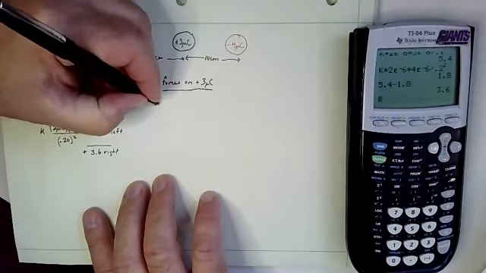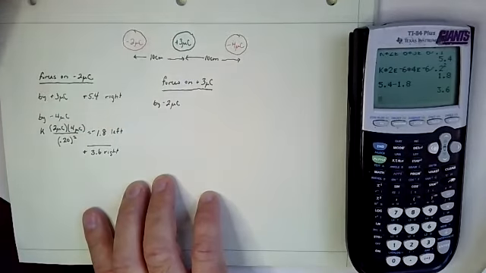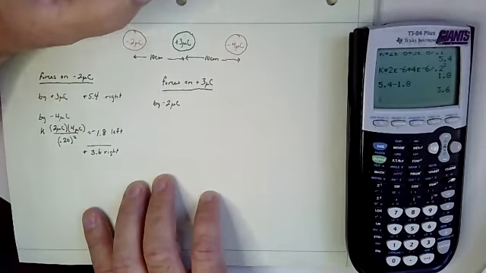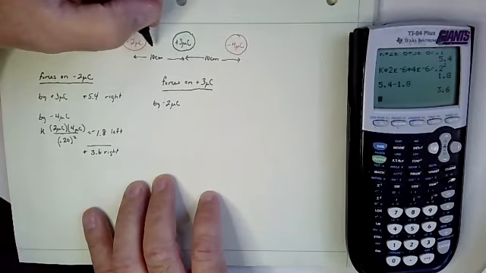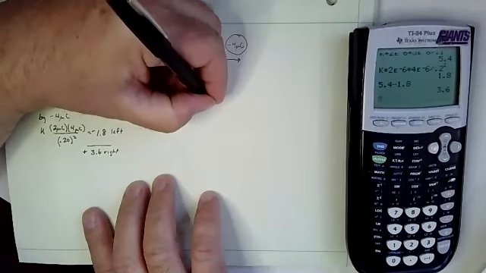So the force by the negative 2 microcoulombs is, well, we've already done the math on that. And it's pulling it to the left.